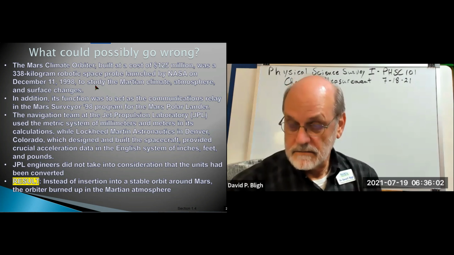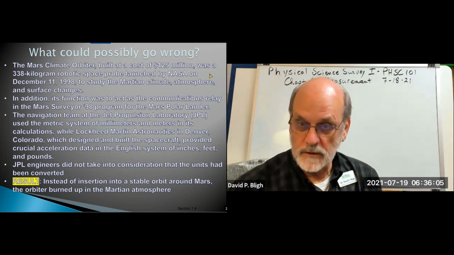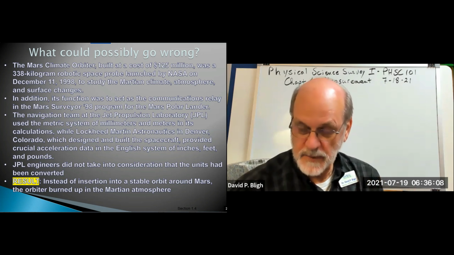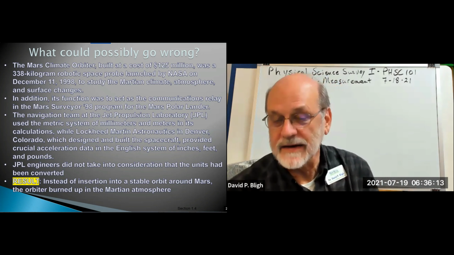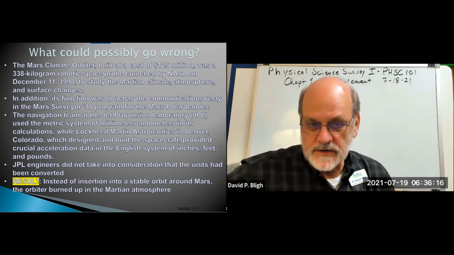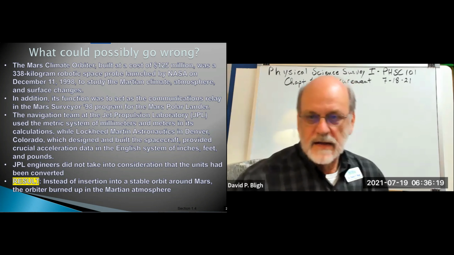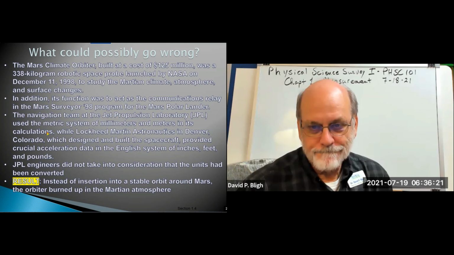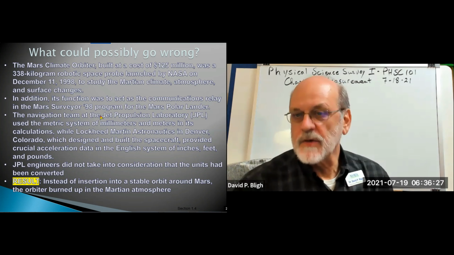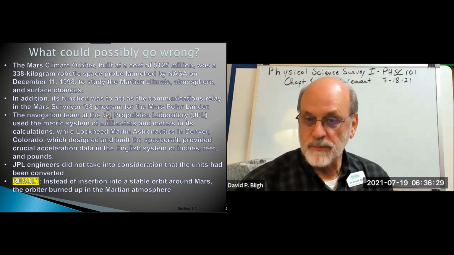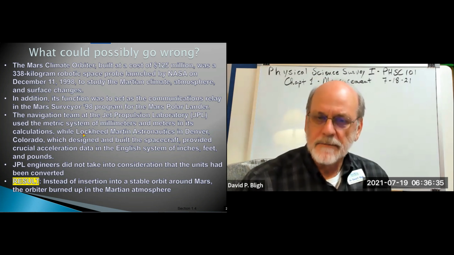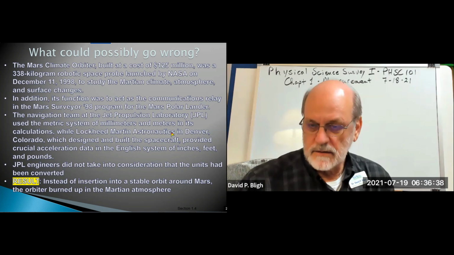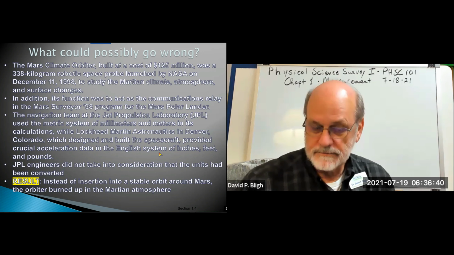Well, NASA, the space agency that is responsible for the space probe, its launch and nursing it on its way to the planet and getting it into orbit, used the metric system. And in fact, NASA had subcontracted that job to the Jet Propulsion Laboratory in Pasadena, California. And the manufacturers, Lockheed Martin in Denver, used the English system.